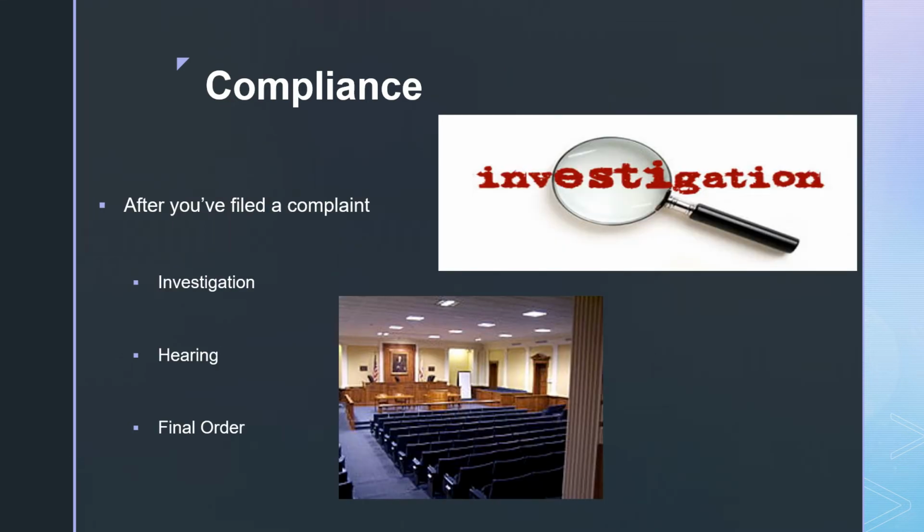If your case is accepted, the director will assign an investigator to your case and start collecting relevant information. The investigation should be completed within 180 calendar days from the date the complaint was filed. Upon completion of the investigation, the director will notify you of your right to either a hearing with an EEOC administration judge or a ruling from the FTC itself.